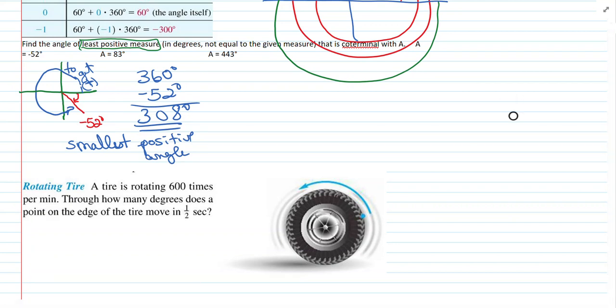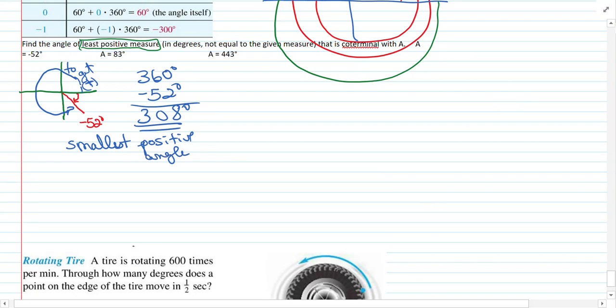All right, so let's do another one. Okay, so here we have 83 degrees, and it's in standard position. And it says in degrees not equal to the given angle. Well, 83 is approximately right here, and that is in its form.